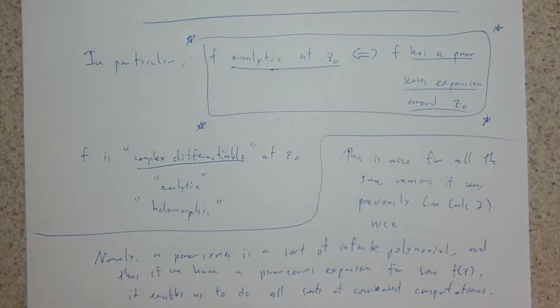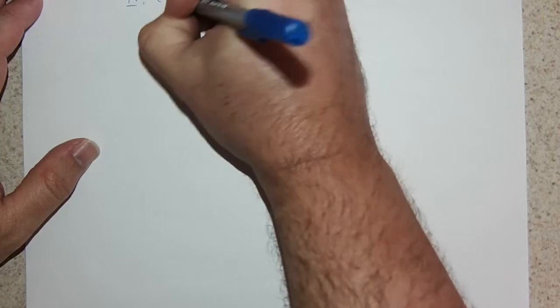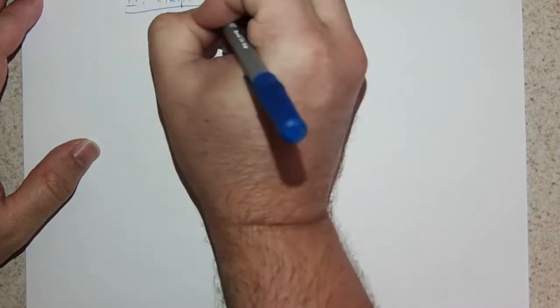Okay, so what else should I say here? So first of all, the proof of Taylor's theorem I'm going to skip. Proof of Taylor's theorem is always a little disappointing in that it's a proof that kind of just works. This is true when you talked about Taylor's theorem in Calc 2 as well. But I'm not really going to say anything more about it.